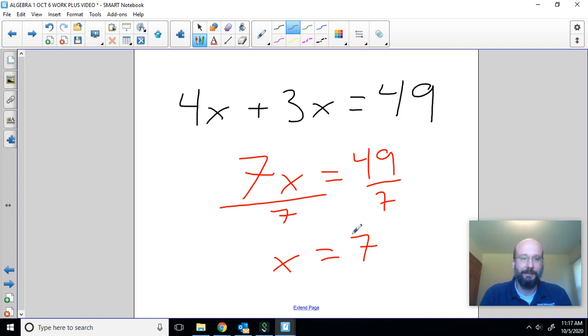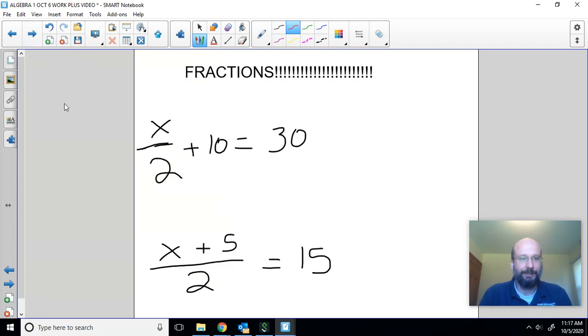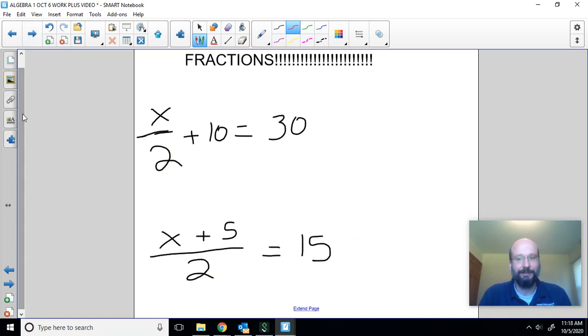All right. So here's the fraction thing again. This is the one other thing I wanted to go over, even though I just did it. But you can see the difference between this one and this one. This is just a division here. Plus 10 equals 30.